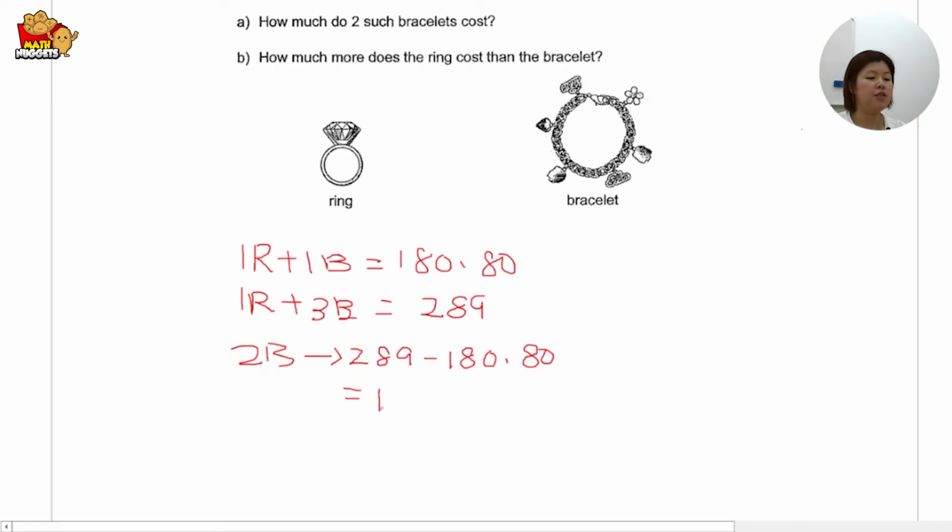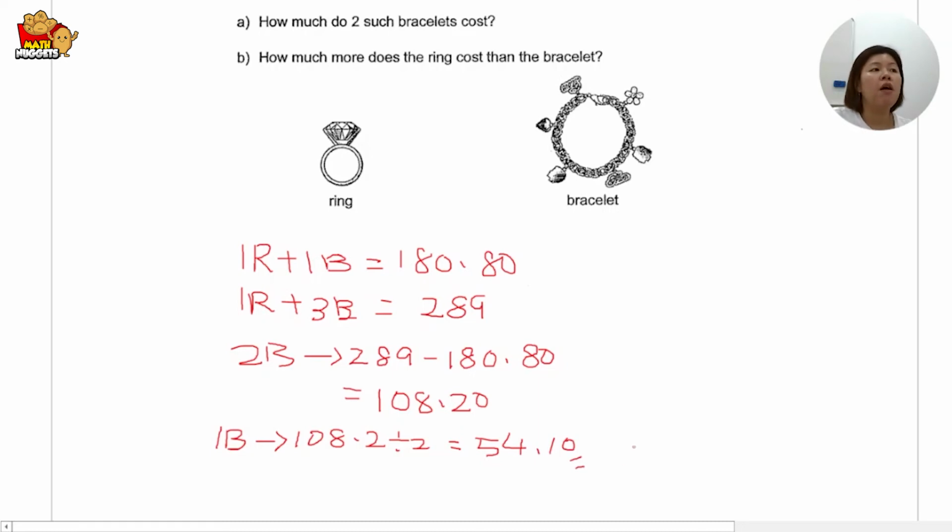you will get $108.20. So if it's one bracelet, you need to divide by 2, which will give you $54.10. Okay, so I know my bracelet.